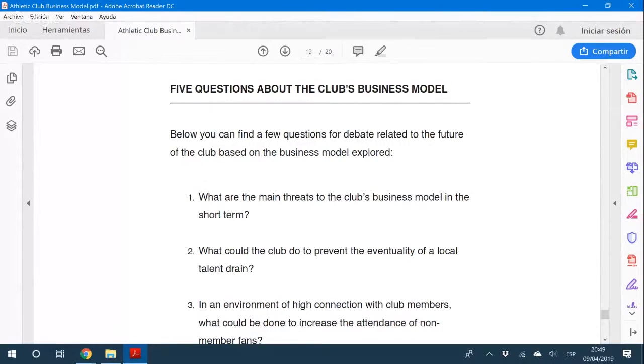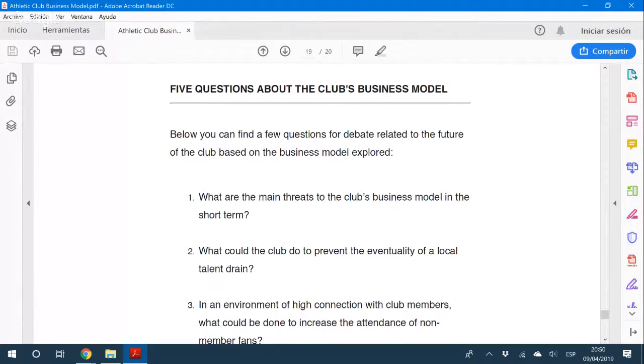What should the club do to prevent the eventual drain of local talent? So what happens if in a very small piece of land like the Basque Country, suddenly there are no really top players to be able to compete in a very demanding league such as the Spanish National League?